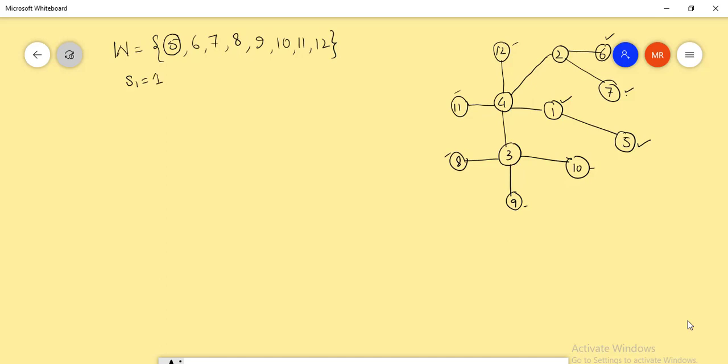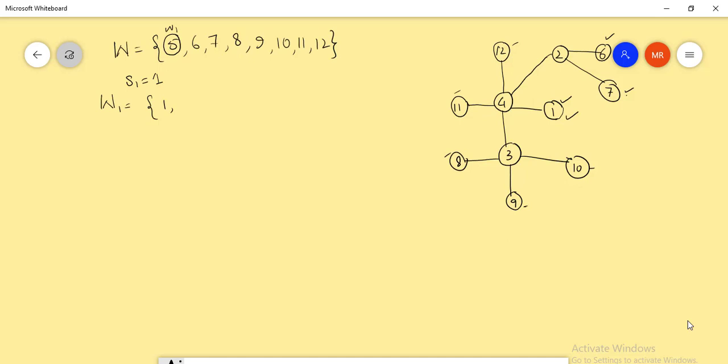So what do we do? In the next stage, we delete this. This is my W1. So we delete W1 from the tree. If I delete this W1 from the tree, I again pick the set of terminal vertices. So now the terminal vertices are 1, because now this vertex becomes a terminal vertex.